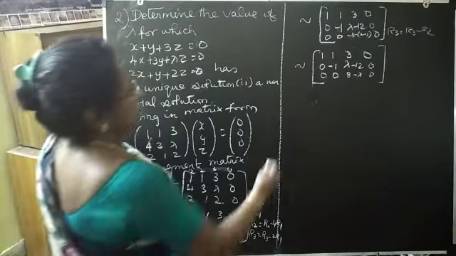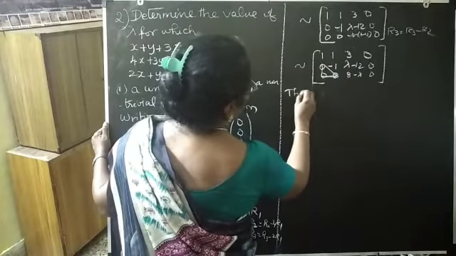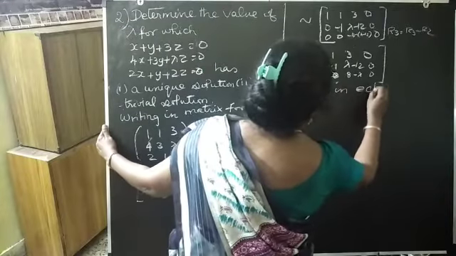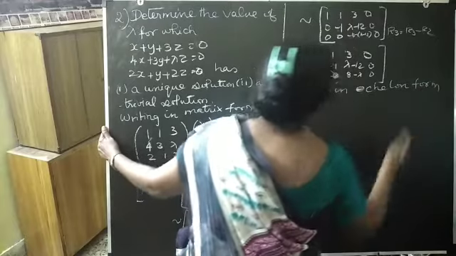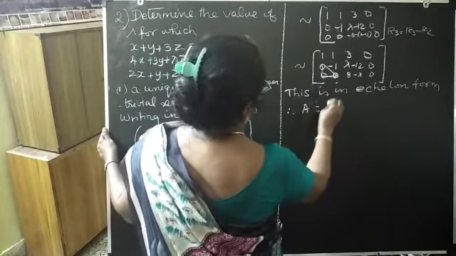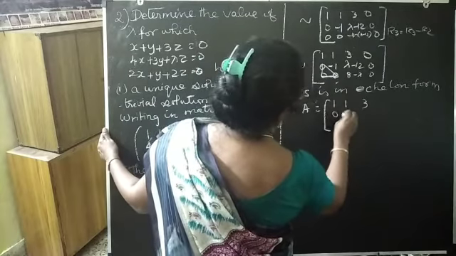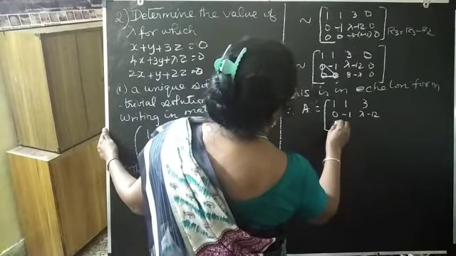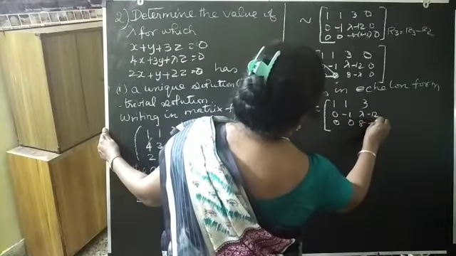Now, this is an echelon form. Therefore, A is equal to 1, 1, 3, 0, minus 1, lambda minus 12, 8, 0, 0, 8 minus lambda.